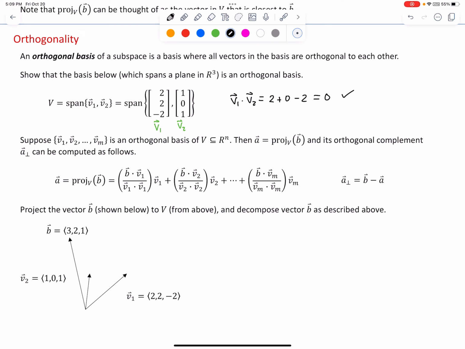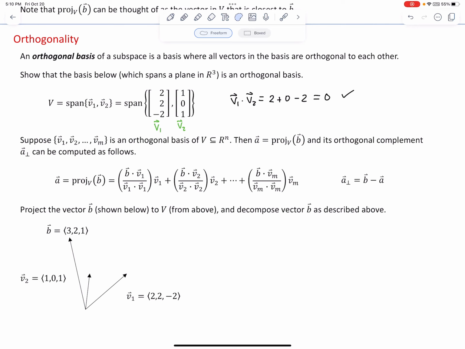Now, if you have an orthogonal basis that has some required number of vectors in it, like m vectors, and it's a basis for some vector space V, which is a subspace of Rn, then the vector A, which is the projection of the vector B onto this vector space V, and its orthogonal complement, A orthogonal, can be computed as follows.